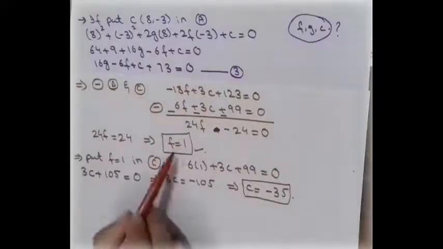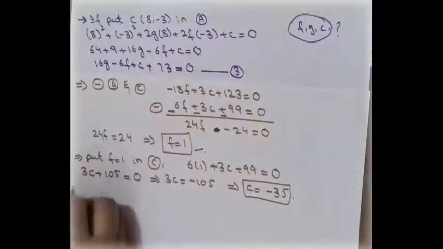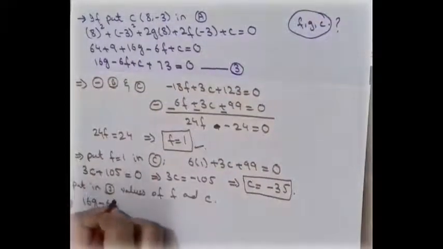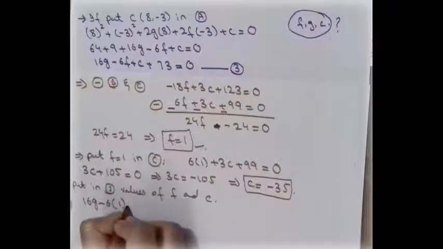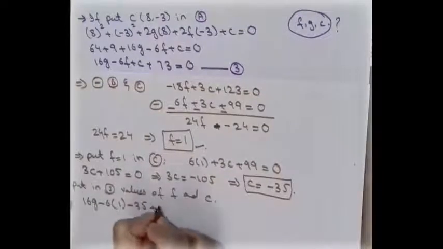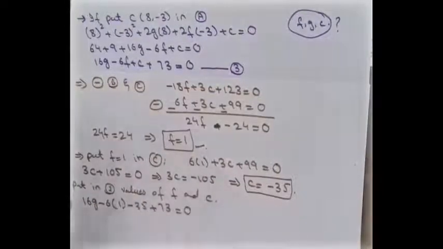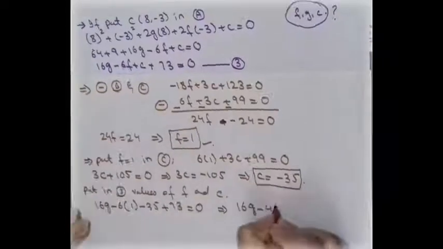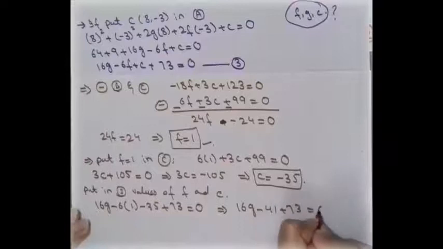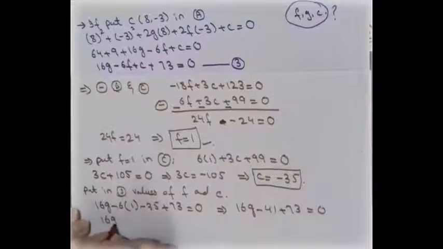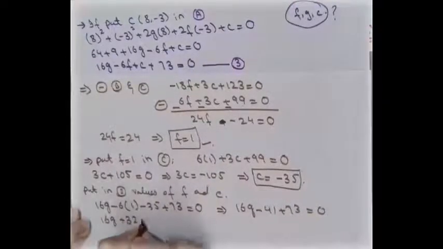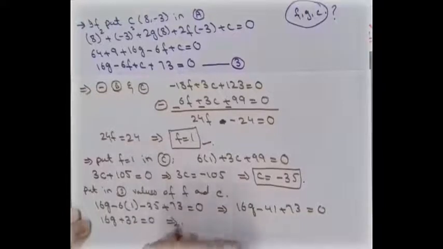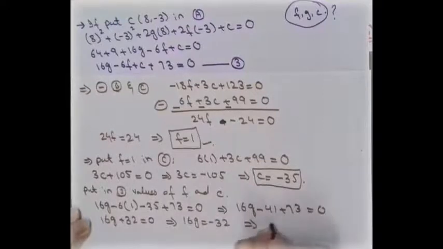We put these two values in the third equation: 16g minus 6 times the value of f, which is 1, minus 35 plus 73, which is equals to 0. If we solve this, it will be 16g minus 41 plus 73, which is equals to 0, and 16g plus 32, which is equals to 0. If we take it to the other side, 16g is equals to minus 32, and the value of g which we calculate is minus 2.